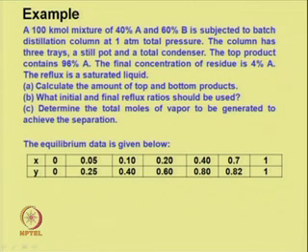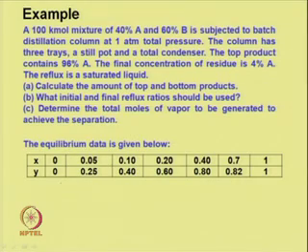The top product contains 96% A, which is fixed, that is x_d is fixed at 0.96. The final concentration of the residue is 4% A. The reflux is a saturated liquid. Calculate the amount of top and bottom products and the vapor to be generated to achieve the separation. The equilibrium data are given below.